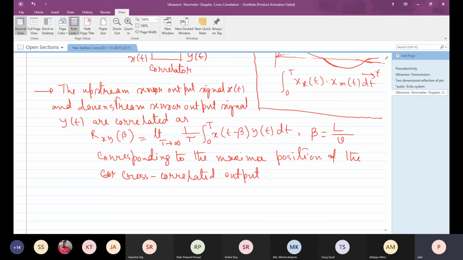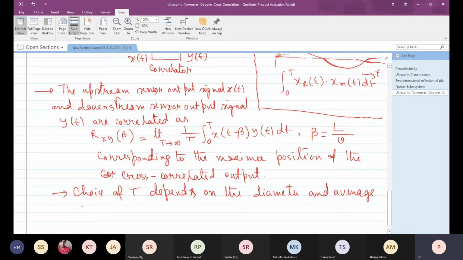However, usually the choice of capital T depends on the diameter of the pipe and the average density of the particulates.